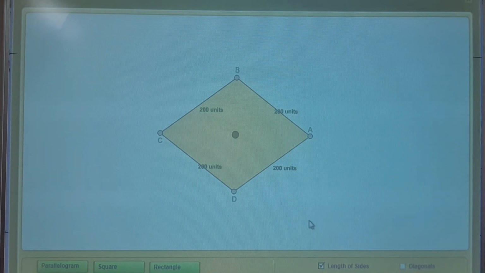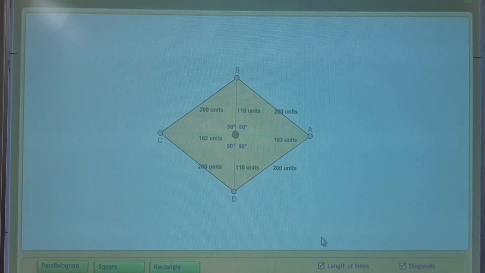Then what about the diagonals? See, diagonals are perpendicular bisectors. That means 90 degrees. See, in square also you got 90 degree, right? So, here also perpendicular bisector. That means diagonals are perpendicular bisectors of each other.